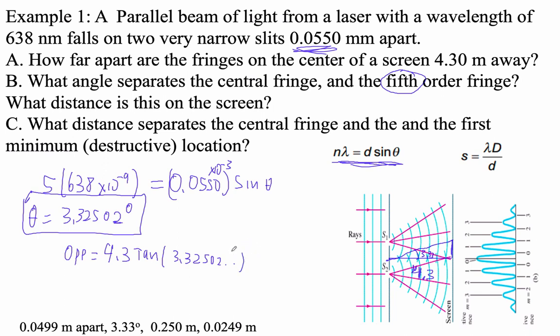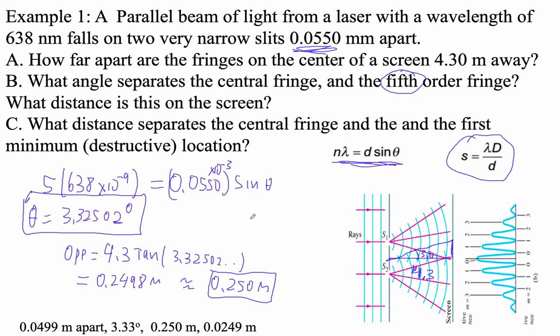So 4.3 tan of that number is 0.2498 meters, which is about 0.250 meters.